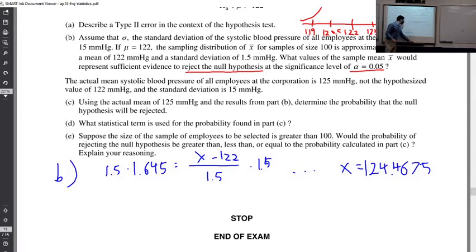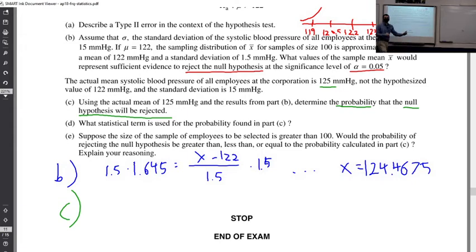Now what part C says is that the actual mean is 125, not the hypothesized value of 122. So I told you this question was about power, so here is our proclamation on high: the mean is actually 125. That means that's the mean we should be using, and we're asking what is the probability that the null hypothesis gets rejected?